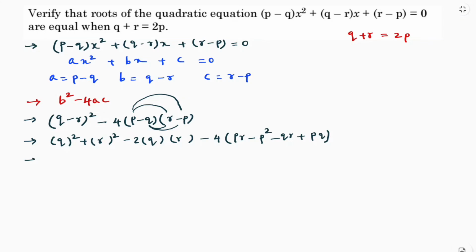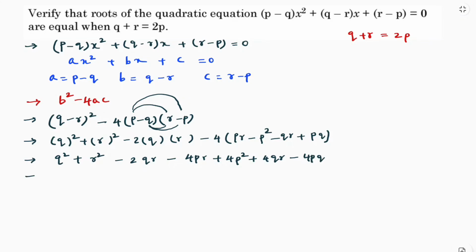Now if I expand this, q square plus r square minus 2qr minus 4pr, minus into minus plus 4p square, minus into minus plus 4qr, minus into plus minus 4pq.